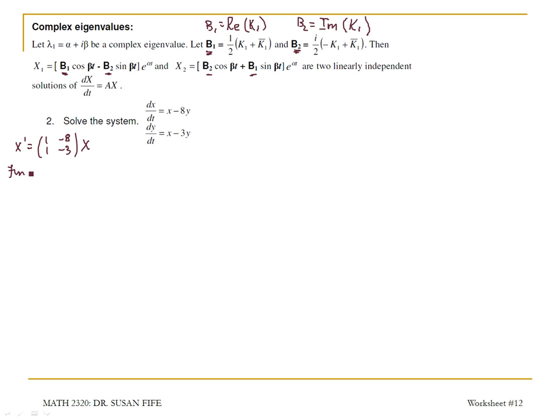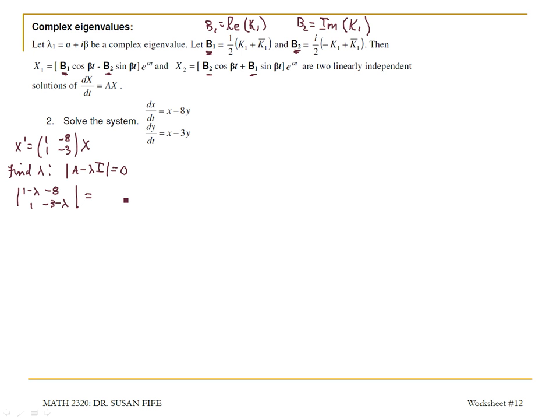So to find lambda, I'm going to solve the determinant of A minus lambda I is equal to 0. And A minus lambda I gives me 1 minus lambda and -8 in the first row, and then 1 and -3 minus lambda in the second row.